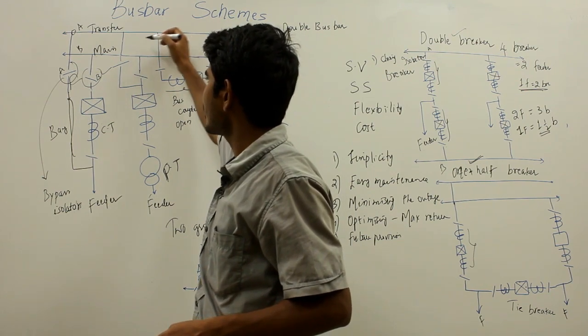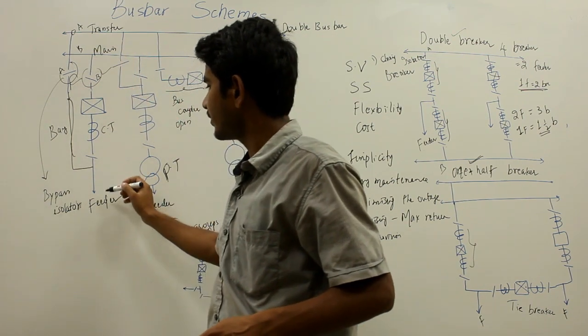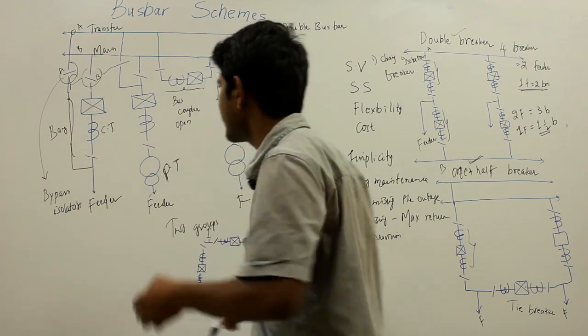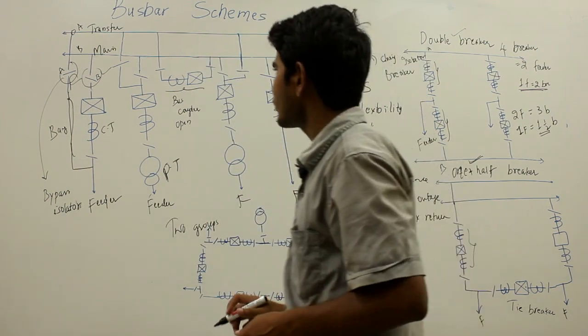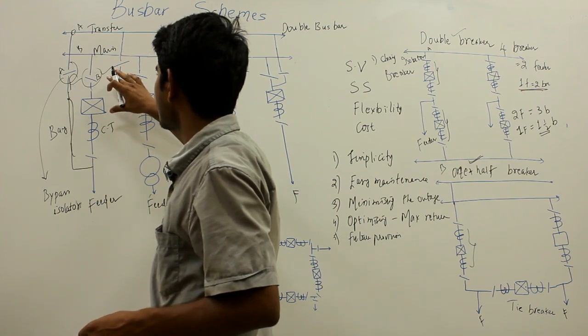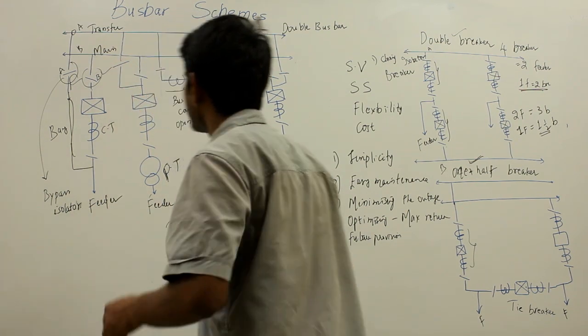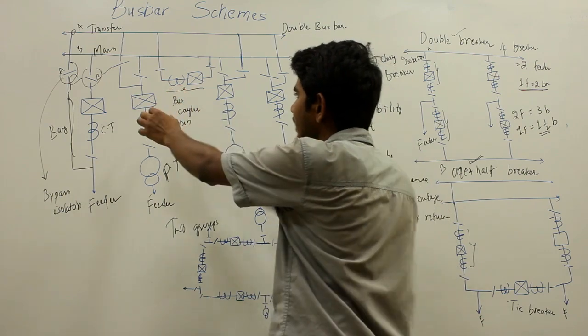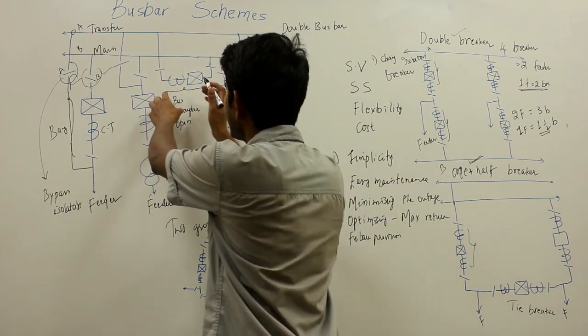Thereby we can directly feed the feeder circuit through this bypass isolator. So now when the main circuit breaker associated with the feeder is switched off, then the whole power gets instantly shifted to the bus coupler.